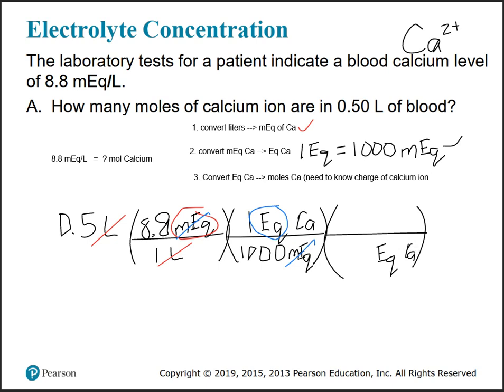We said that 1 equivalent means that your ionic charge is 1. Calcium's ionic charge is 2+. So that means that you have 2 equivalents of calcium for every 1 mole of calcium.